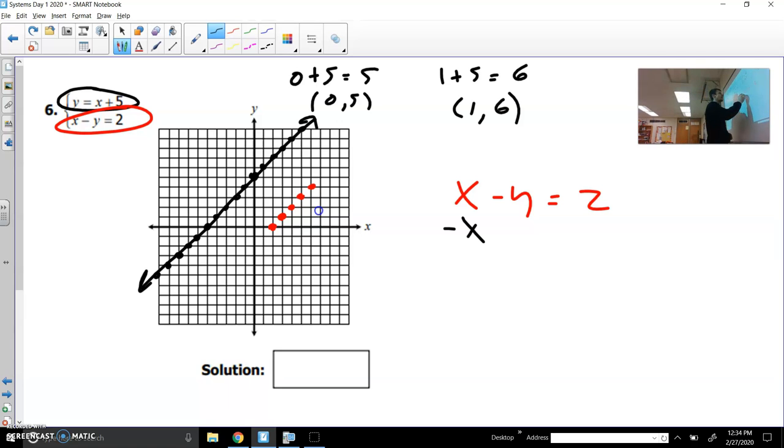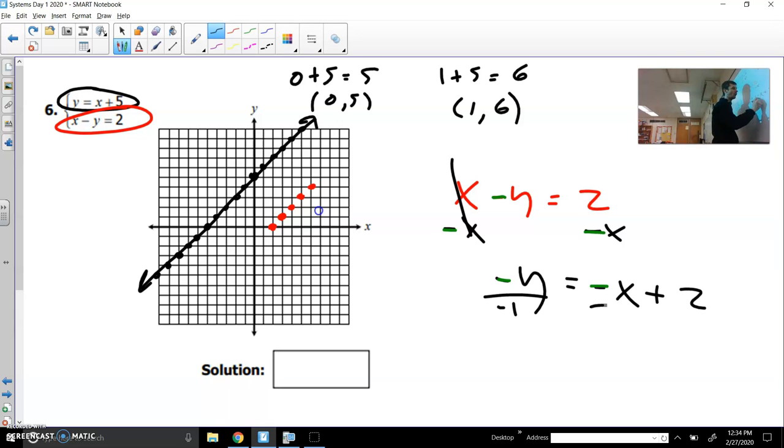I may want to stick to solving for y. And so the first thing I do is subtract x to the other side. I'm seeing a lot of students miss the negative that was in front of y. Sometimes I notice students, when they subtract, don't really make it negative x on the right, but those are things that I want you to look out for. Let's divide by negative 1 to basically solve for positive y.